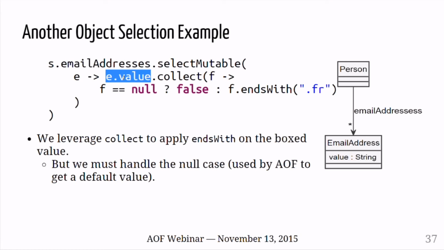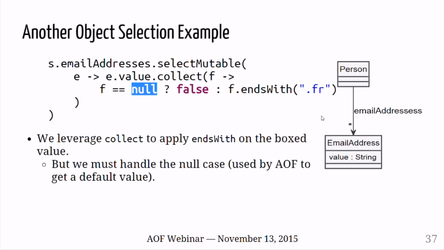And then we have to collect on this value, and we can use the standard ends with method. But we have to make sure that we handle the null case, because first, of course, the value may be null in some context, but more importantly, because actually AOF uses collectors or selectors.